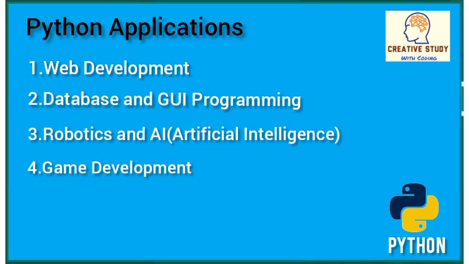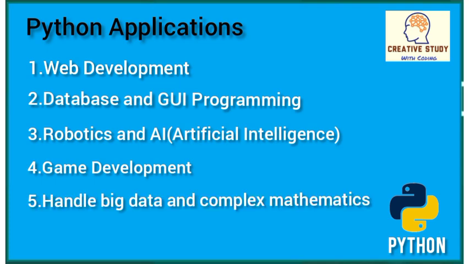Games can also be developed by using Python. Next, Python is used to handle big data and perform complex mathematical operations. Next, it is used in business applications. Business management software is developed with automated solutions like sales, purchases, shipping, etc. that are handled easily. These were the main uses of Python, but there are many other applications where Python can be used.